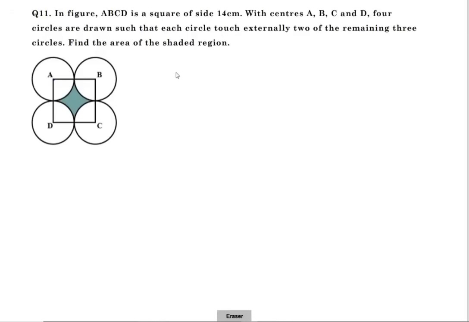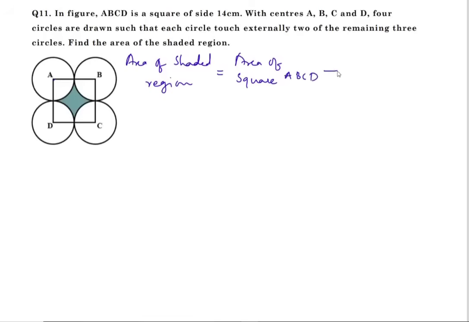So area of shaded region equals area of square ABCD minus 4 times, this is a quadrant of a circle, that is 4 times 1 by 4th of area of circle.